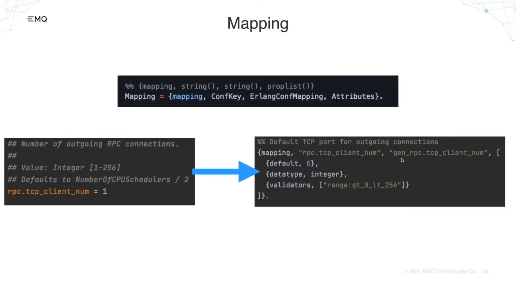And the fourth element is a list of optional parameters. You can set a default value or data type, because in Cuttlefish this is a string, not the number 1, it's the string 1. So you need to transform the string 1 into integer 1. Or you can even set validators.